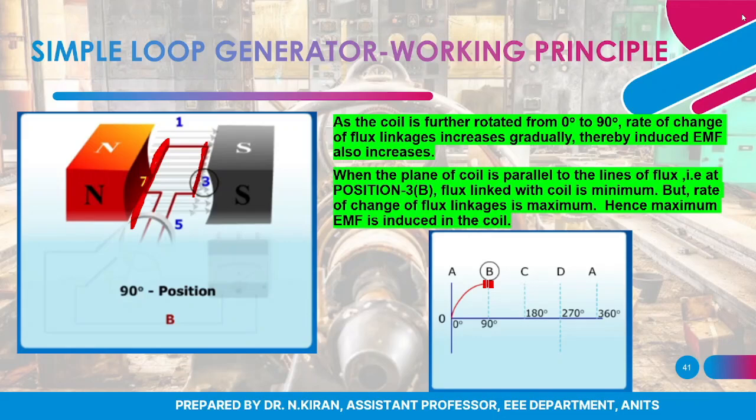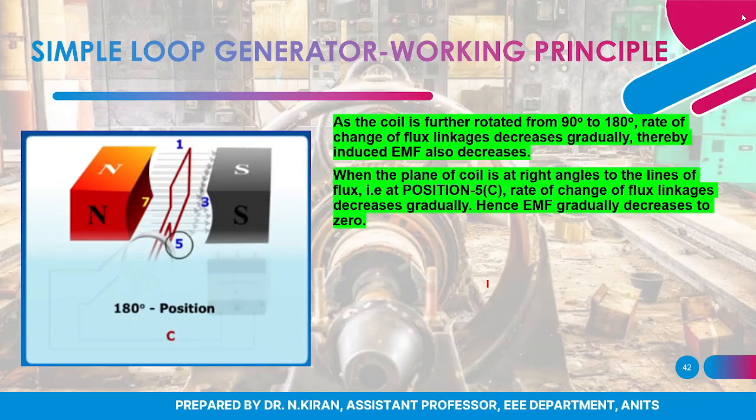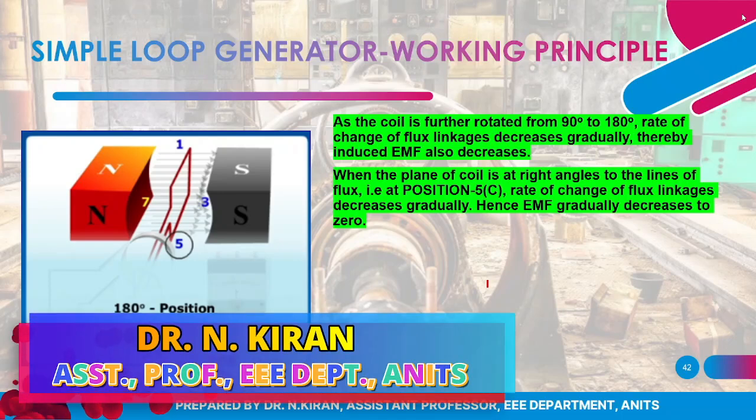When I again rotate by 90 degrees, that is from 90 I have rotated till 180 degrees, in this position you can see again we will get the same result as the first position because both are in the same position. Here also the plane of coil is exactly 90 degrees to the flux plane, isn't it?